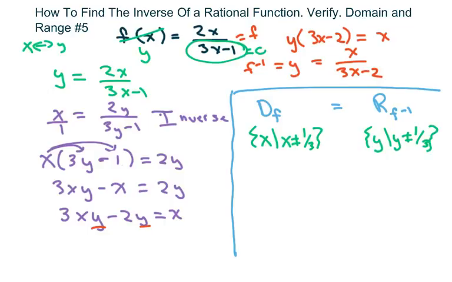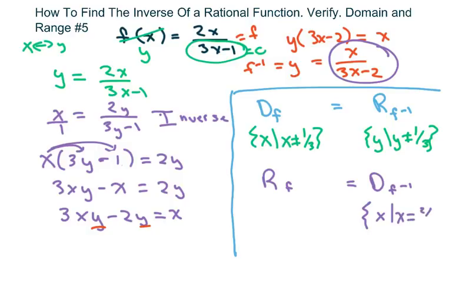And also the range of f equals the domain of f inverse. So the domain of f inverse is all x such that x cannot be 2/3. And the range, therefore, is y such that y cannot be 2/3. So we're just switching the x and the y's here.